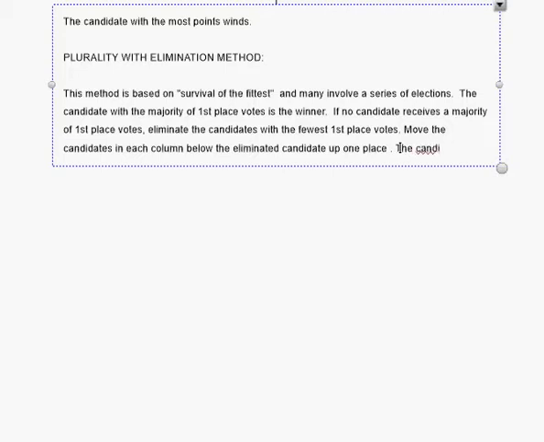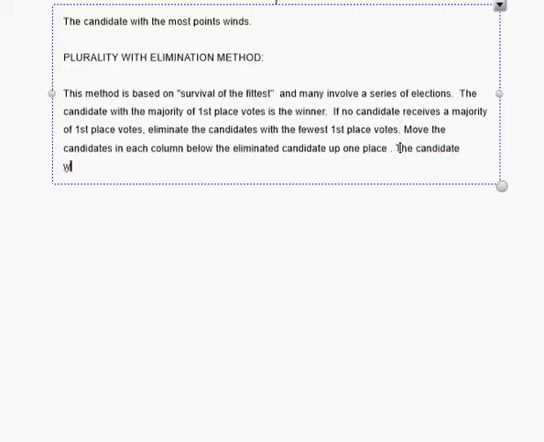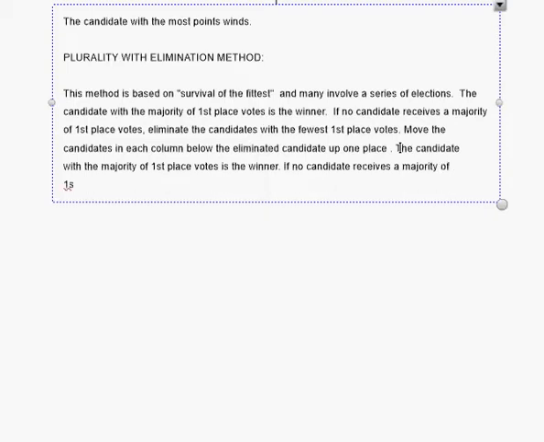The candidate with the majority of first place votes is the winner. If no candidate receives a majority of first place votes, repeat the process.